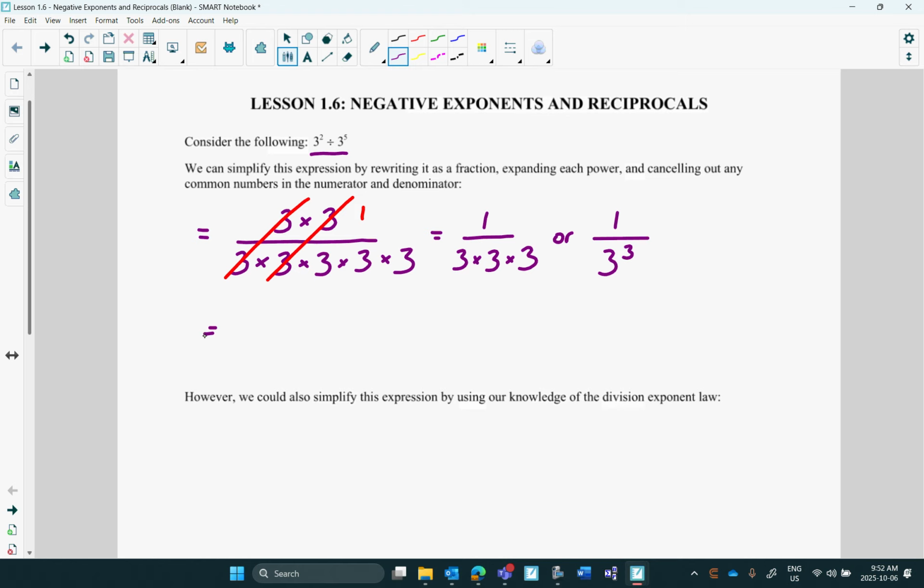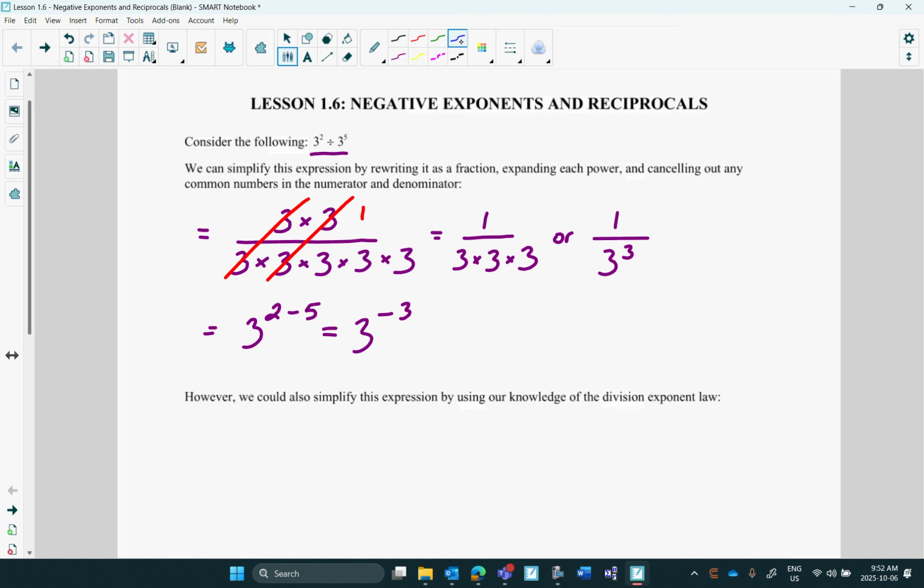Think of your exponent laws. Whenever we divide 2 powers, what do we do with the exponents? When we divide 2 powers, we subtract. Base stays the same. We subtract 2 by 5. Well, what is 2 subtract 5? Negative 3. Notice if I do it this way, I get 1 over 3 to the 3rd.